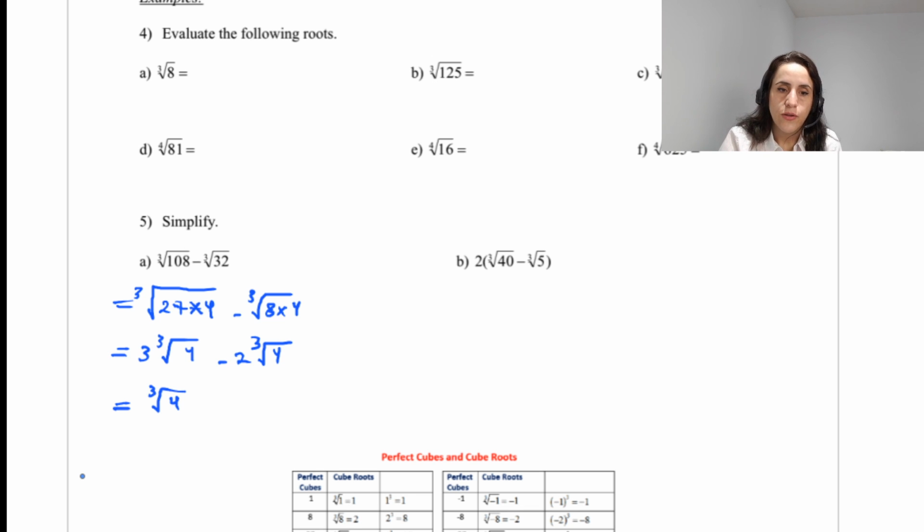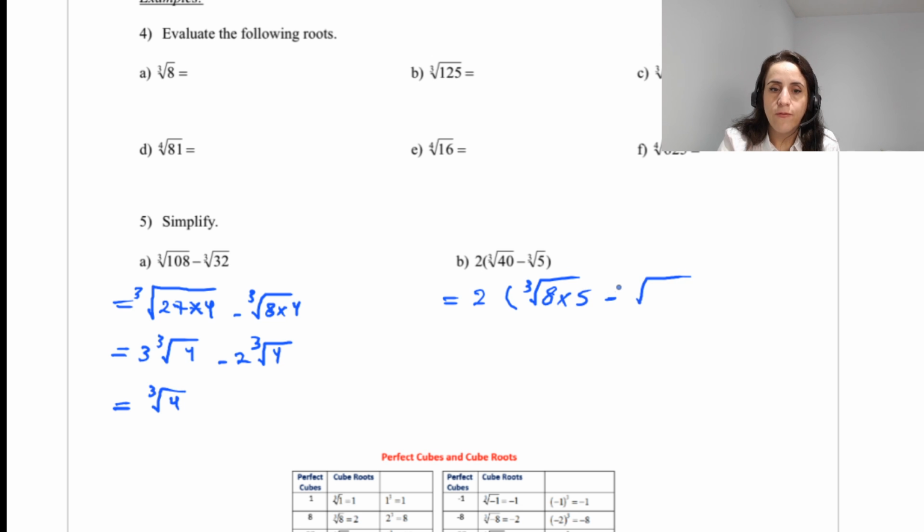How about the next question? Because the question is asking to simplify, the first step that I'm going to take is to do inside of the bracket, BEDMAS, first inside of the bracket. What can I write down for 40? 40 is 8 times 5.